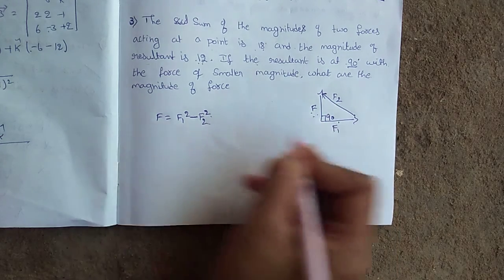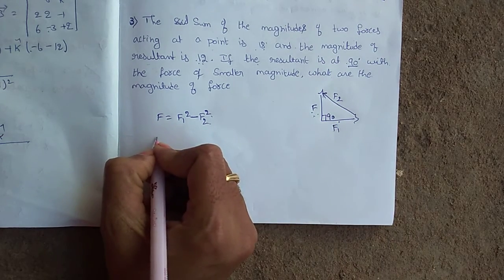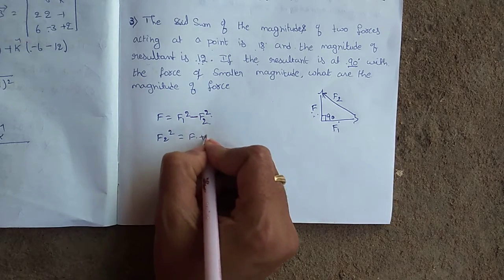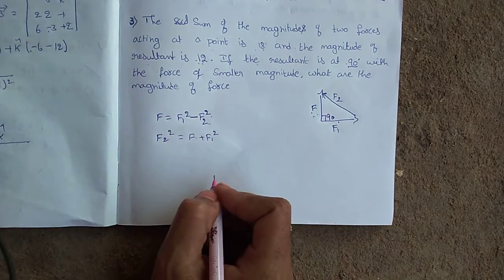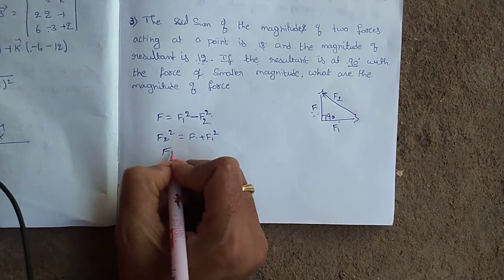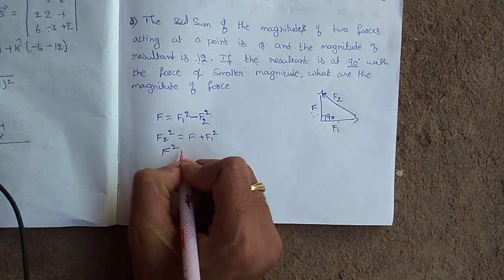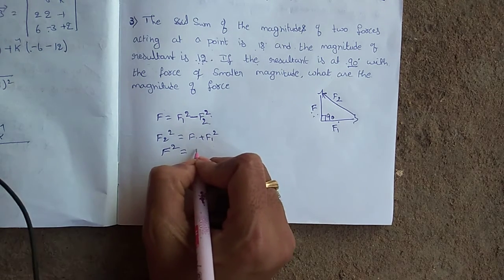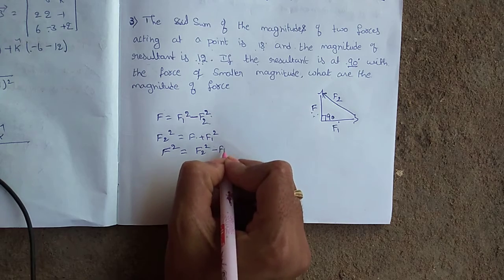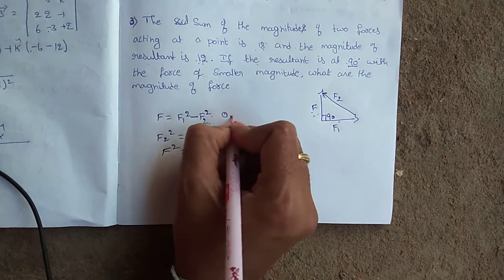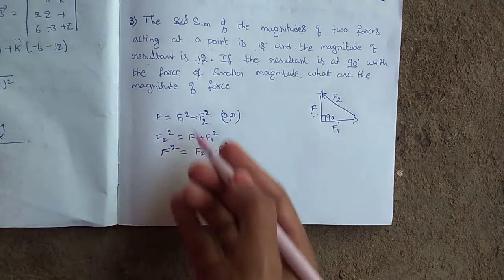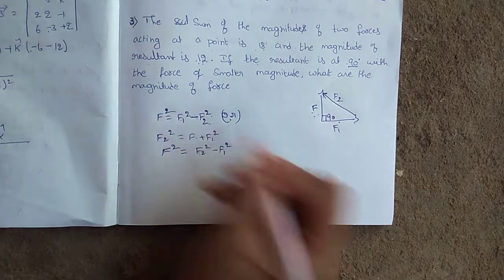So either I take it as hypotenuse F2 square is equal to F square plus F1 square, so then F square, the resultant force, is equal to F2 square minus F1 square, or I can write it as F1 square minus F2 square. Either of these we can use.